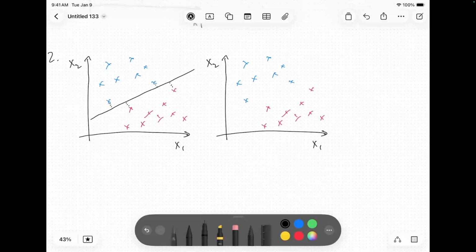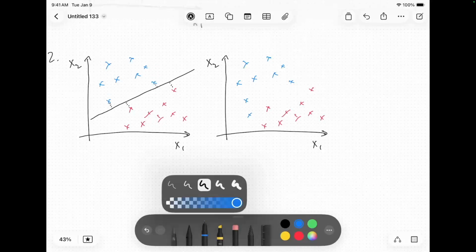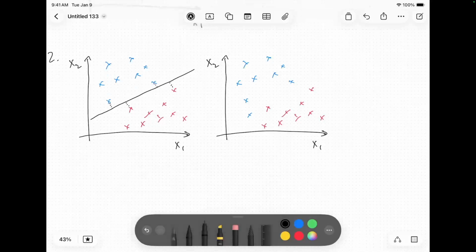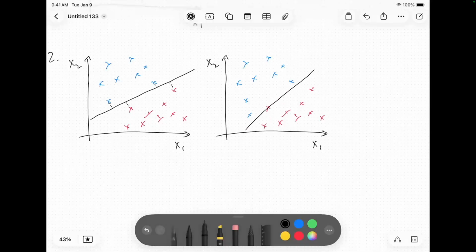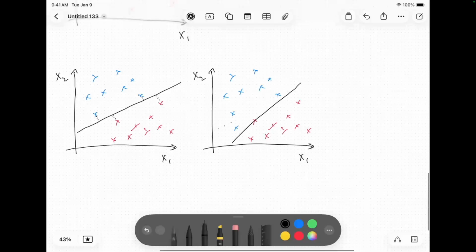If I were to add a point, then the line is very sensitive to individual observations, right?